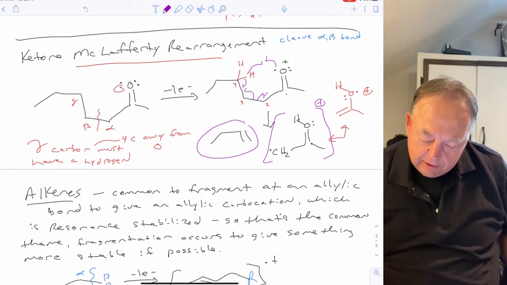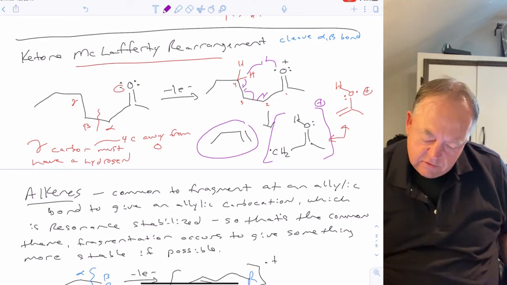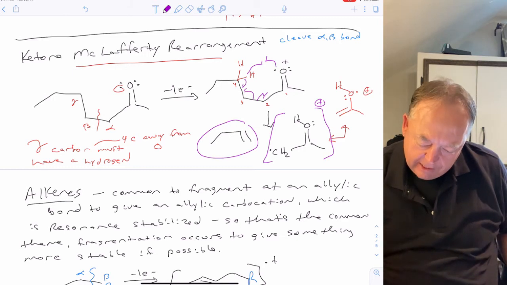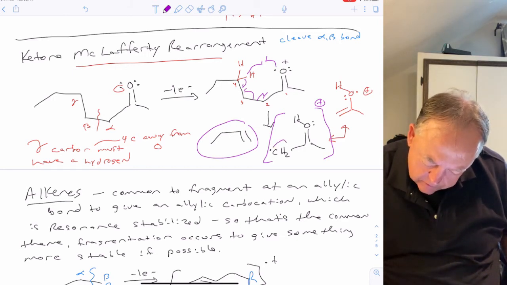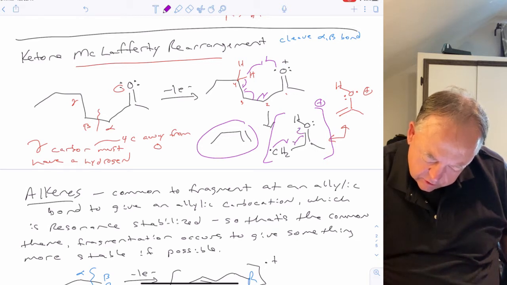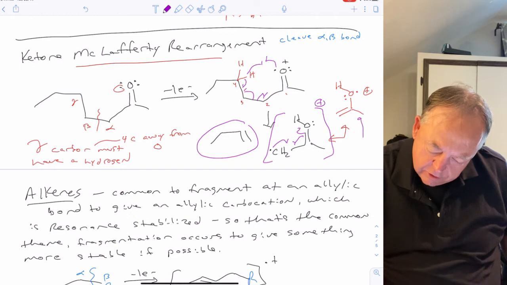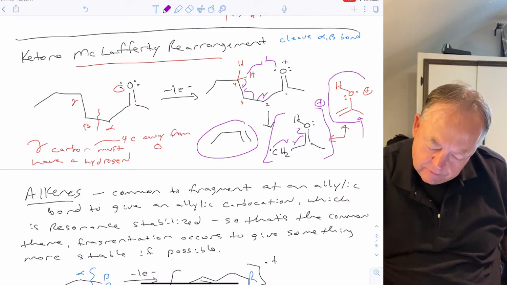Why does it fragment like that? Because this cation is relatively stable. How is it stable? Well, you can draw a resonance structure for it. We'll move that down to make a double bond, move one of these electrons over and the other electron on the oxygen, and then you can draw this resonance structure.